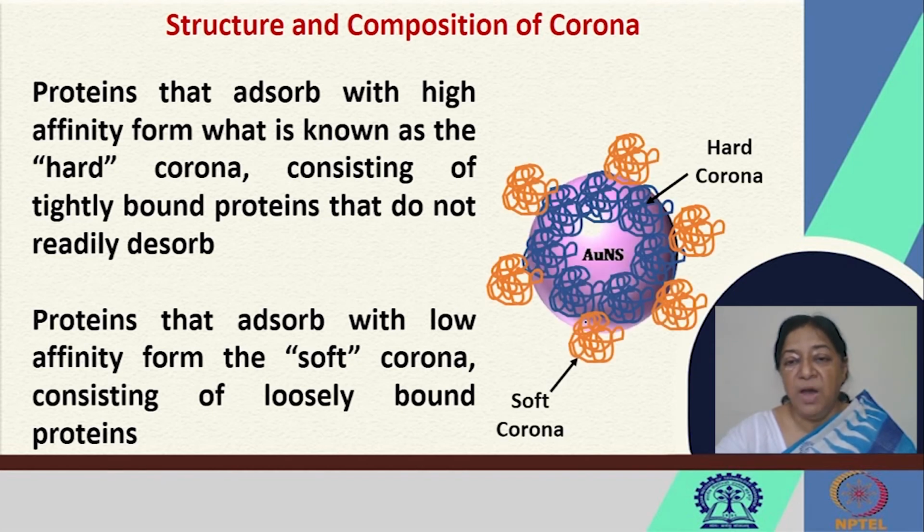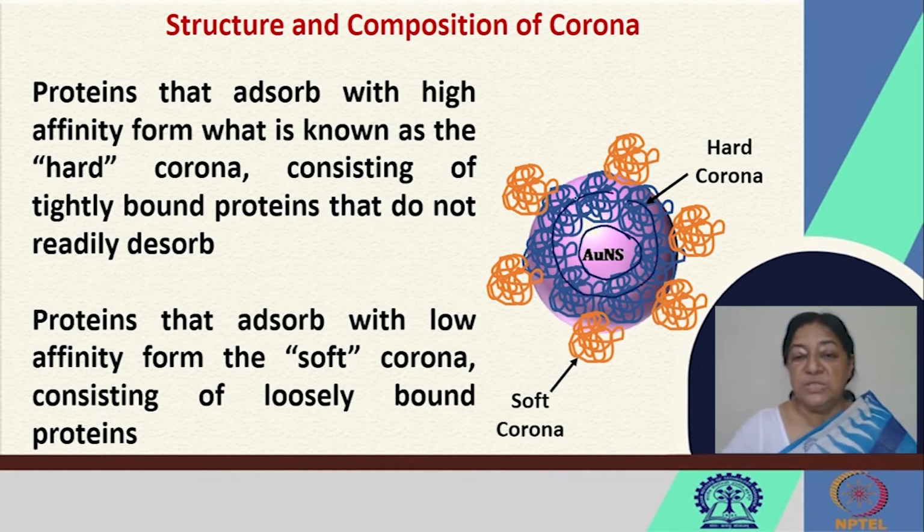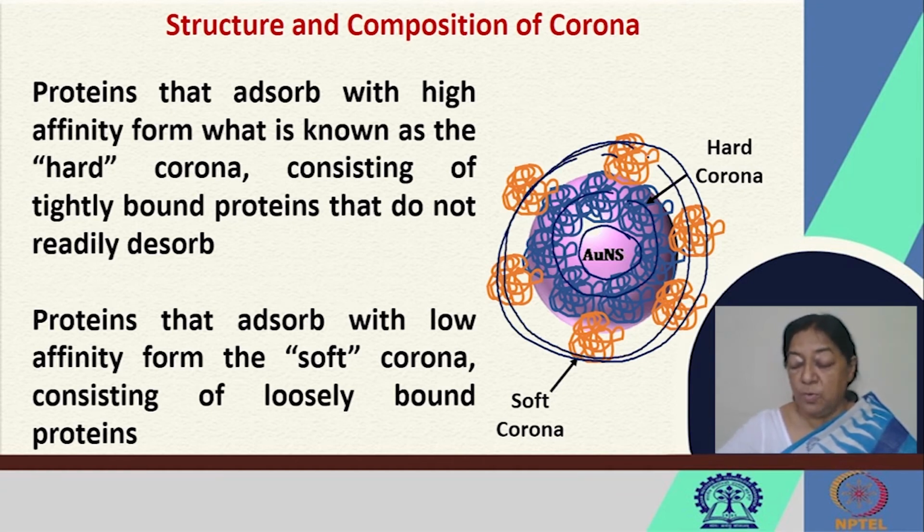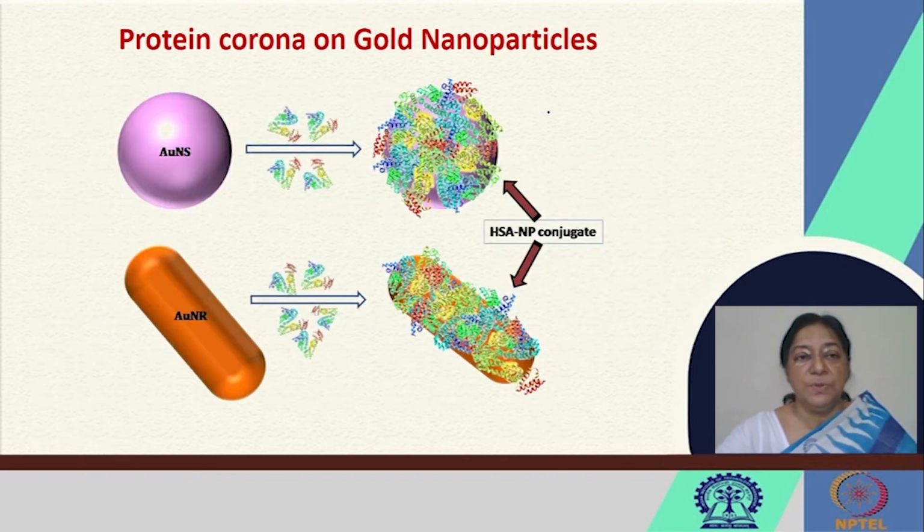So we have a hard corona. If we look at a gold nanosphere, we have a hard corona where the proteins are tightly bound to the surface because of their high affinity. Then we have a soft corona that is loosely bound, where there is an exchange with the fluid, whereas the hard corona proteins are tightly bound.